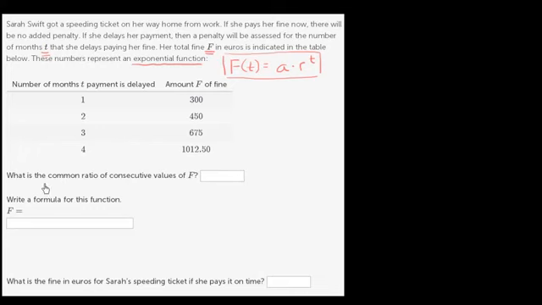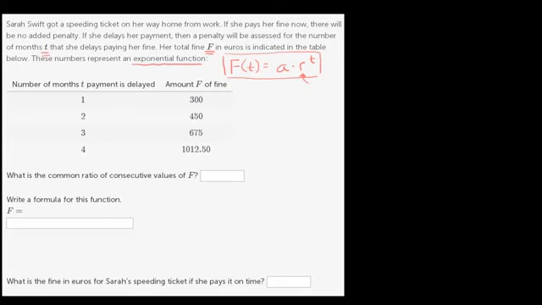So the first question is, what is the common ratio of consecutive values of f? The reason why r right over here is called the common ratio is that if you were to increment t by 1, the ratio of that to f of t should be consistent for any t. Let me give you an example here.